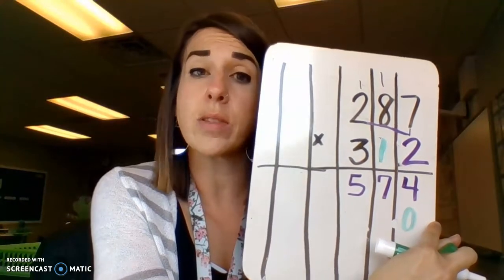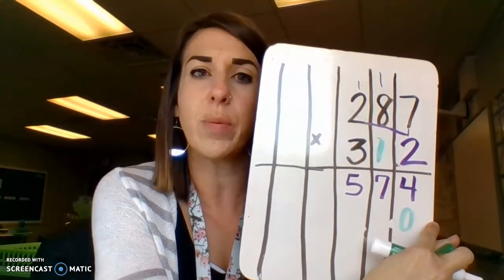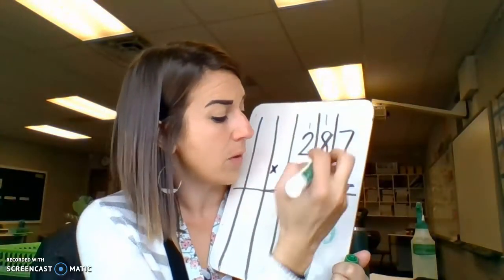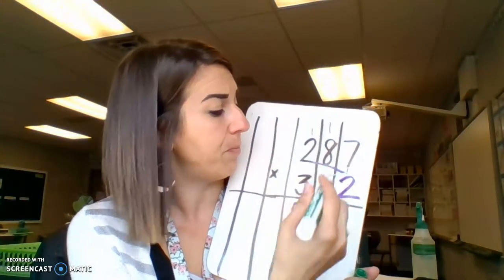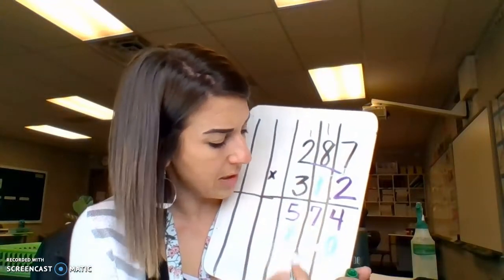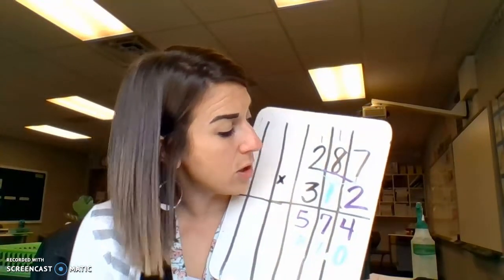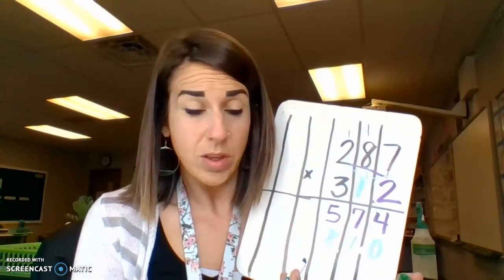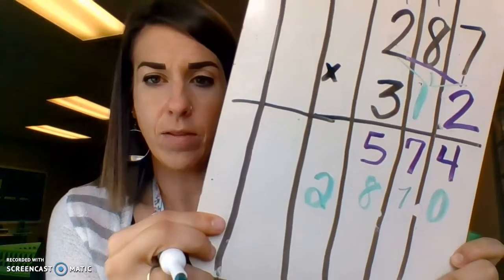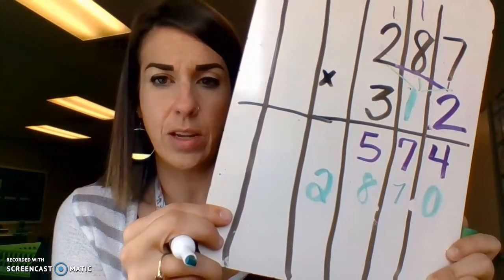So now I multiplied just like normal, like we've been doing this whole time. I'm going to sprinkle the 1 to the 7. 1 times 7 is 7. Then sprinkle it to the 8. 1 times 8 is 8. Then I'm going to sprinkle it to the 2. 1 times 2 is 2. And so I have 2,870.